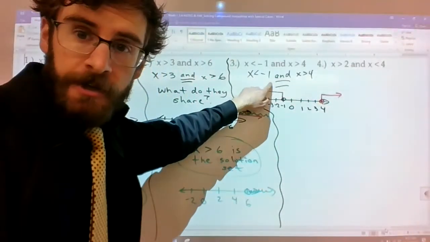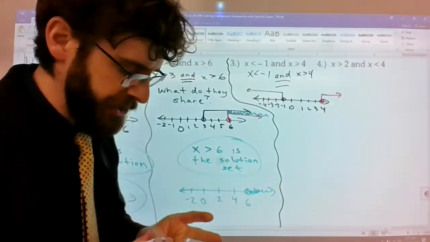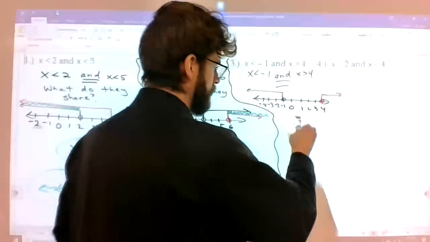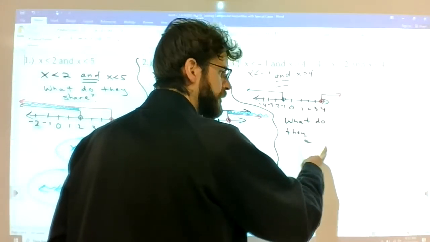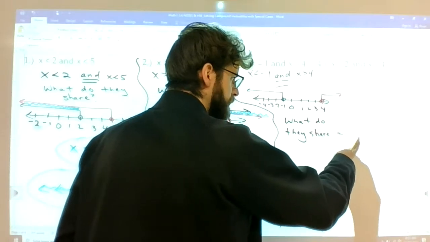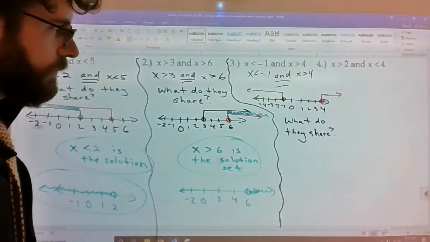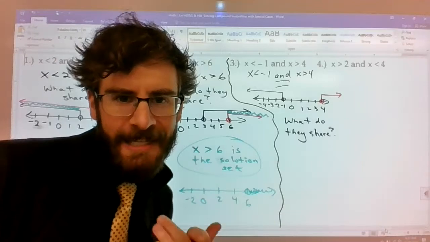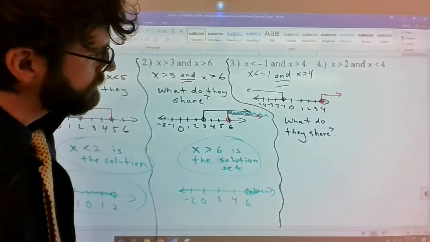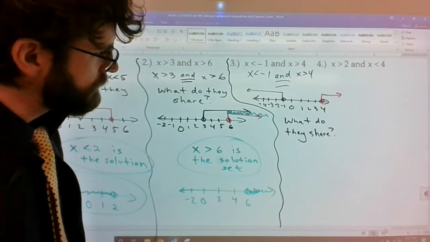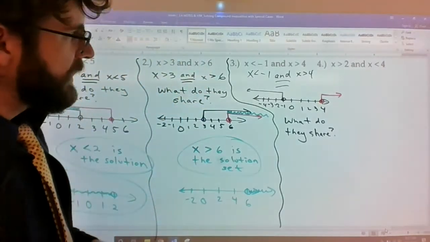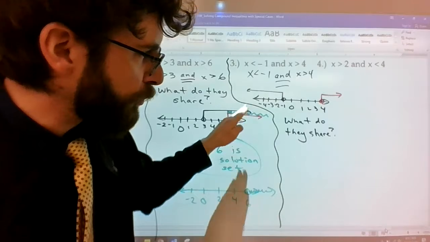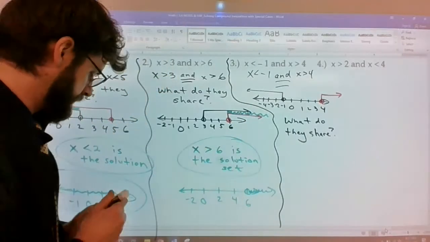And it's and, so it's definitely asking what do they share. What do they share? Where do the red and black ink overlap? Nowhere. There is nowhere where red and black ink overlap.